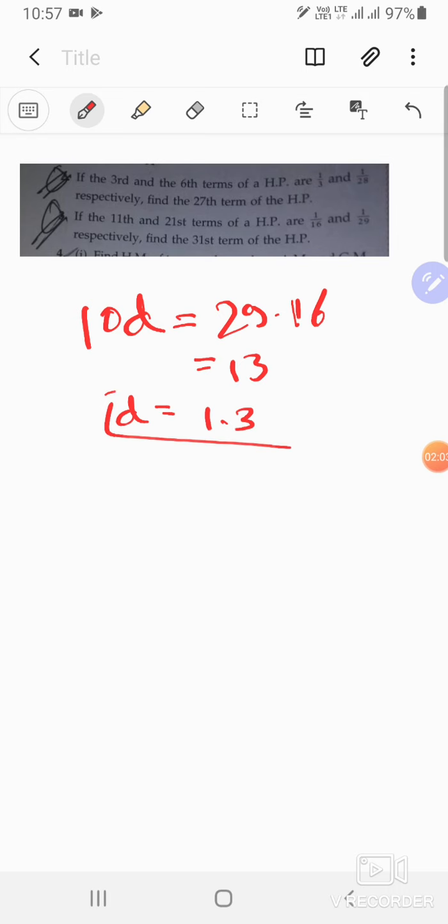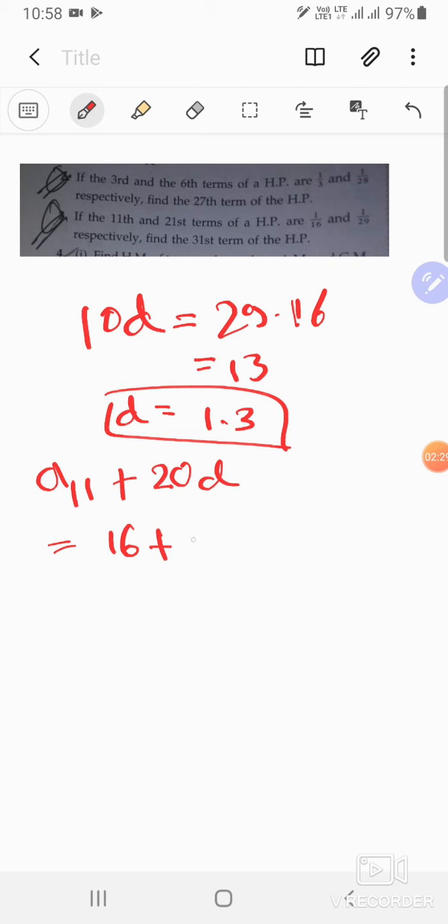Now we want to find the 31st term of the HP, which is going to be the 11th term plus how many differences are there? There are 20 of them. So plus 20 into D, I guess that should be right. That will be the corresponding term of that AP. So that will be 16 plus 20D.